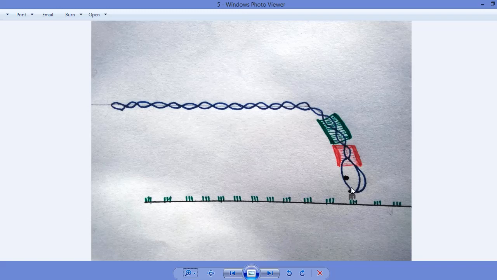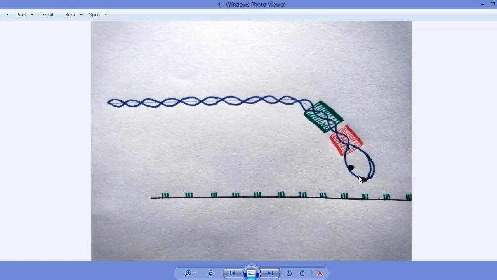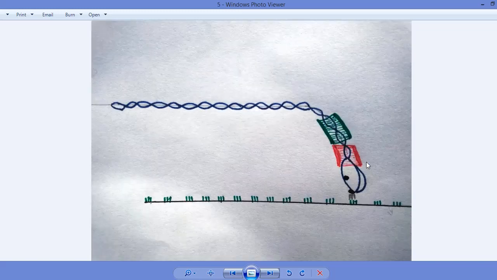So what happens when this head is combined with the active site on the actin filament? Once again, when this head of the myosin filament combines with the actin active site, the ATP combines with the ATP binding site over here, and the ATP binding site contains the ATPase enzyme, and that ATPase enzyme breaks down the ATP into ADP.